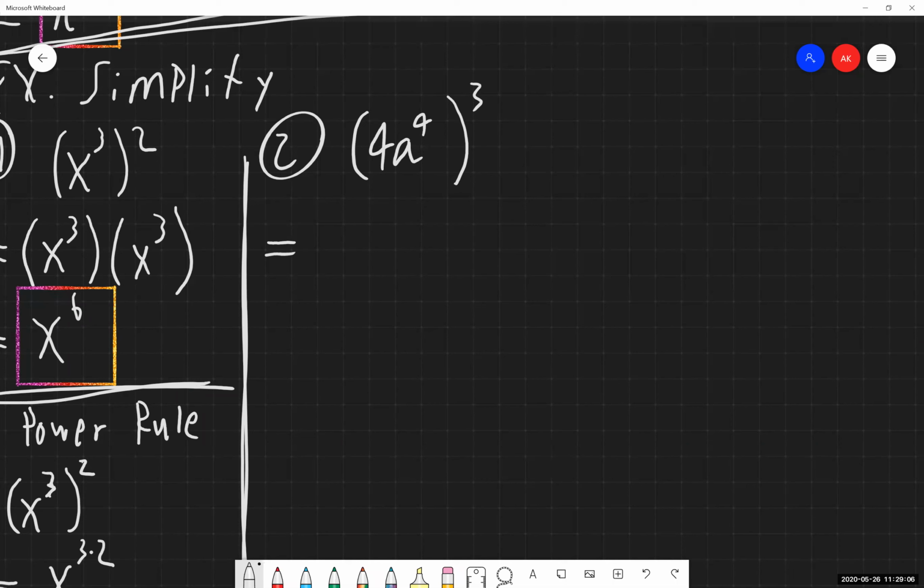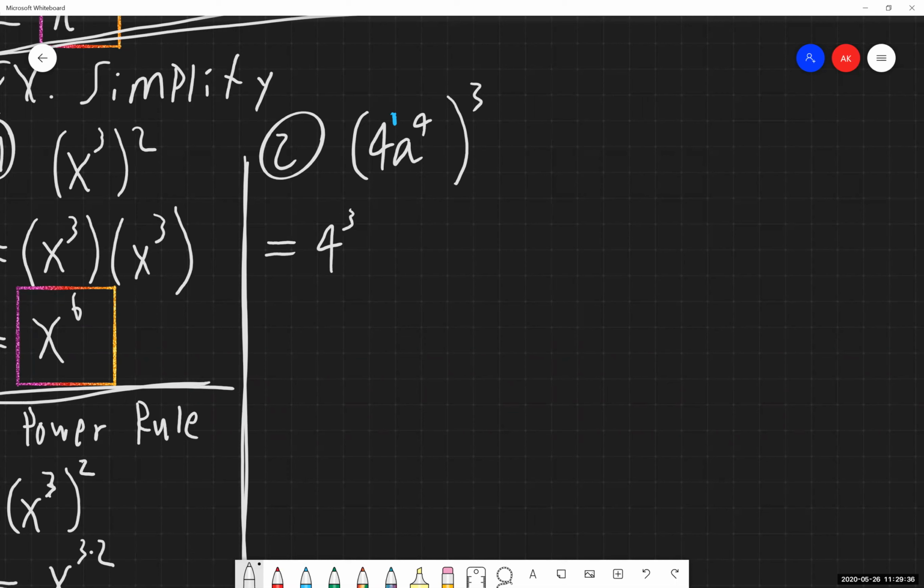We're taking each of the bases of the exponents inside the parentheses, and we're going to raise those to the third power. So that 4 has an invisible 1 as its exponent. So I have 4 to the first raised to the third power. And again, the exponents are going to multiply together here. So really, I have 4 to the third power.